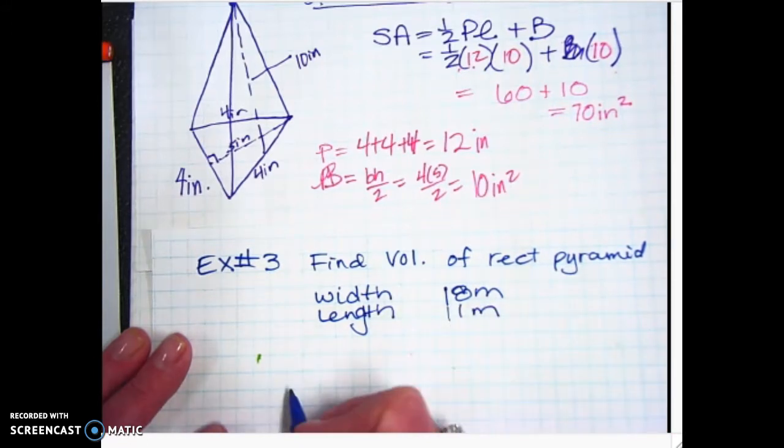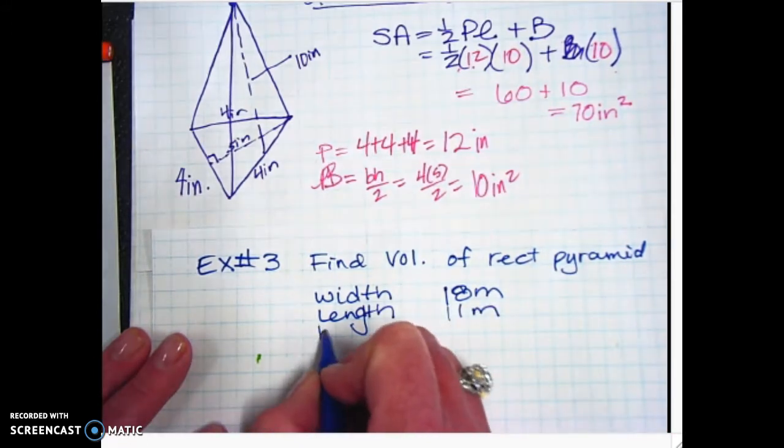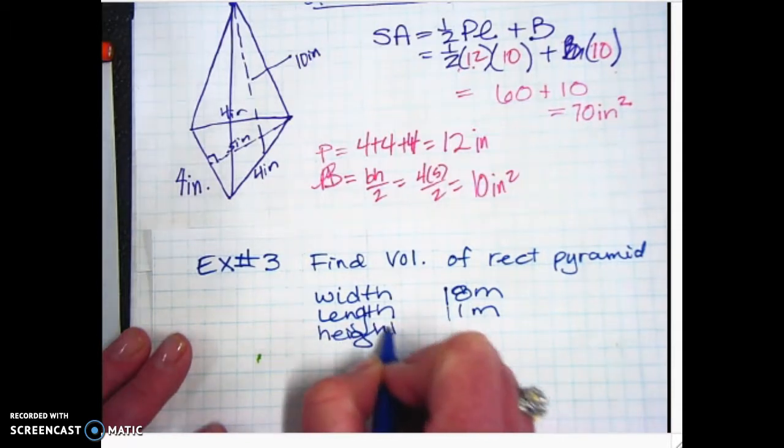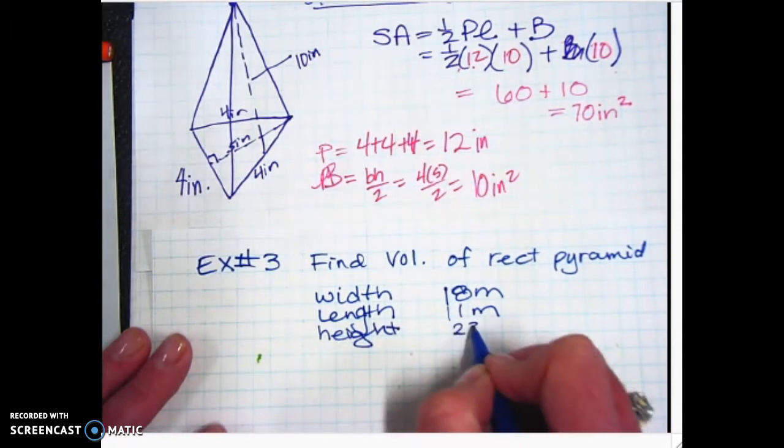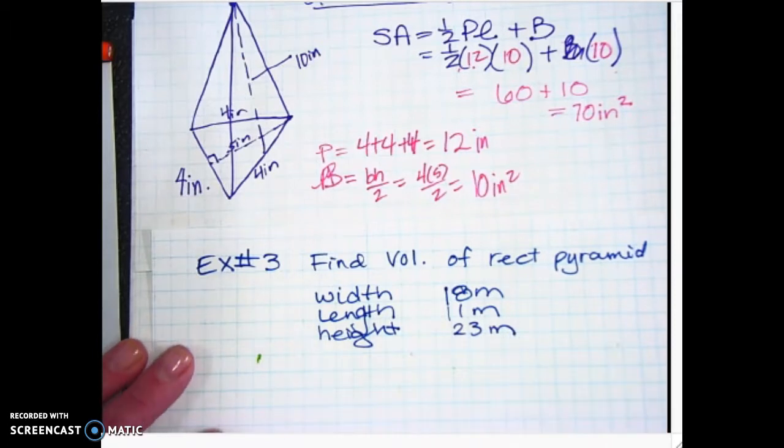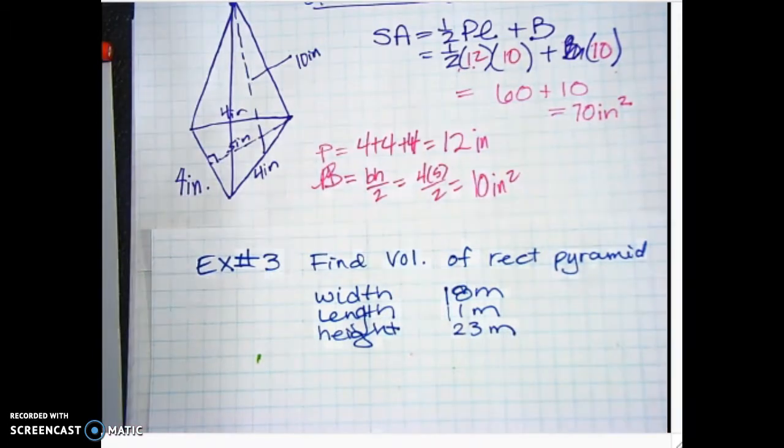We're also going to do a height of 23 meters. Because for the volume formula, we don't need slant height, we need regular height. So basically, we've got all the information we're going to need.